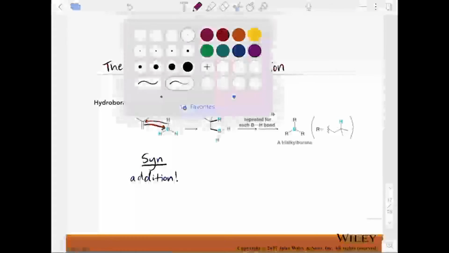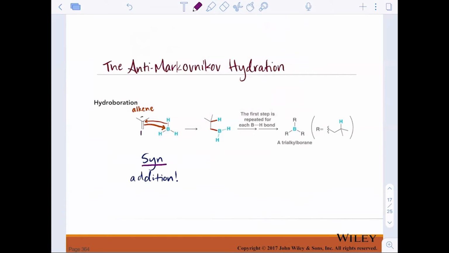And so looking at where boron gets placed, he is actually being bonded to the less substituted center. So in this syn addition, the reason why boron gets added to carbon number 1 here, the less substituted carbon, is because of steric hindrance in that transition state. We will go through that transition state in just a little bit.